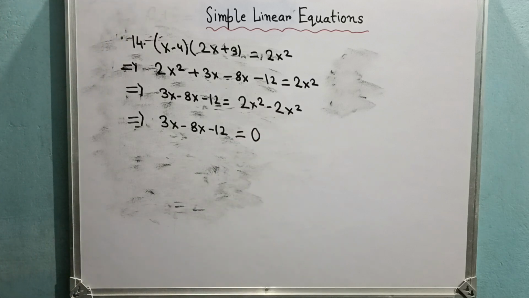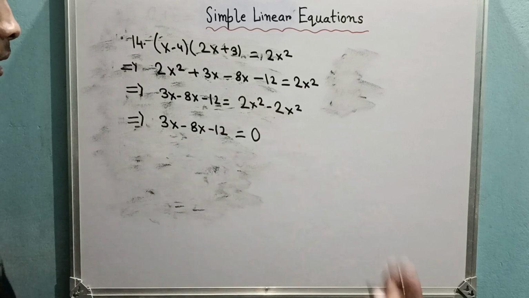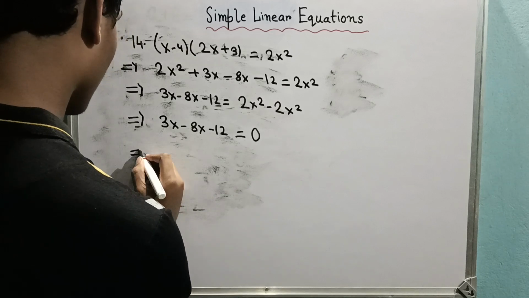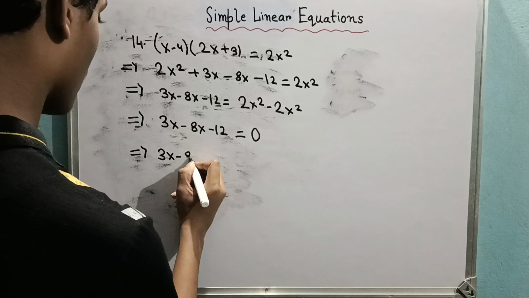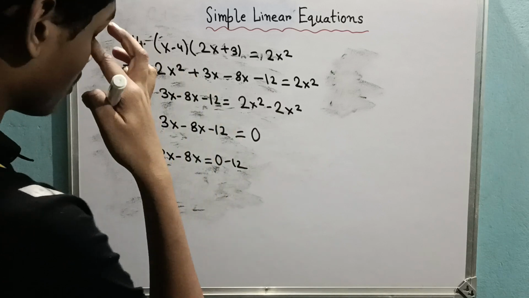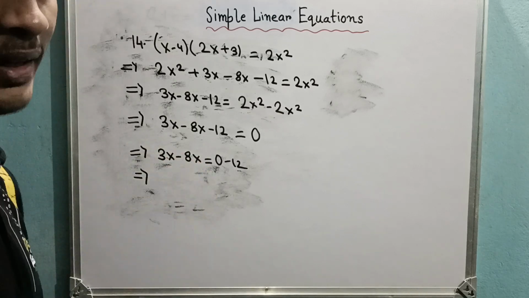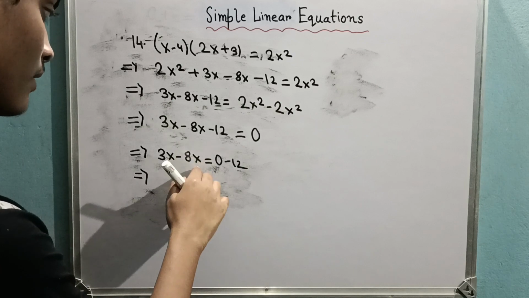Okay. So as we have done before, shift the x terms to one side and the constant term to the other side. We have here one constant term. So here 3x minus 8x will be equal to 0 minus 12. Or here we can write 3x minus 8x, so that is minus 8x plus 3x.